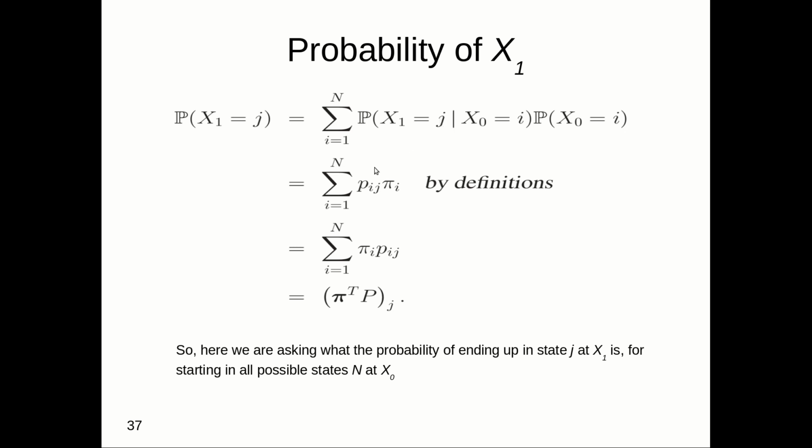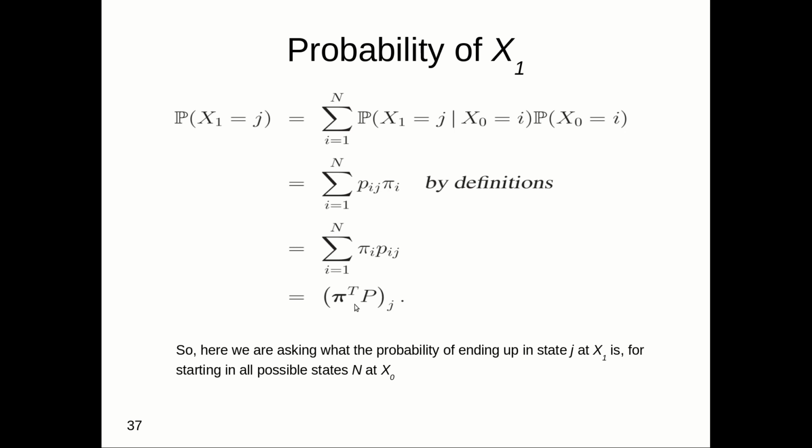And if we fill in the definitions, this is just a sum over the product of the prior probabilities of being in state i and the transition probabilities of going from i to j. We can rewrite that and we end up with the following formula.